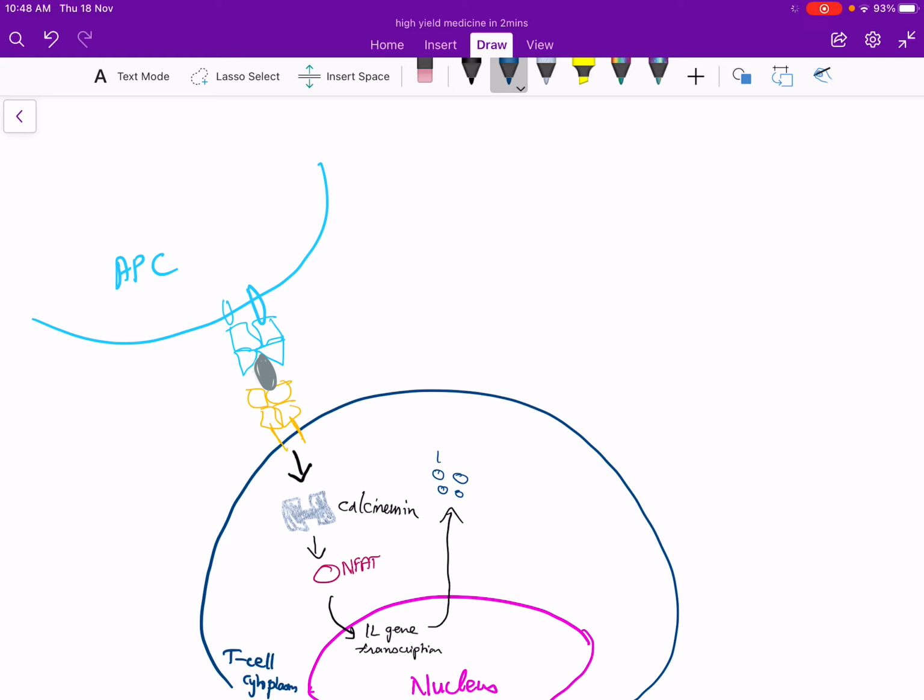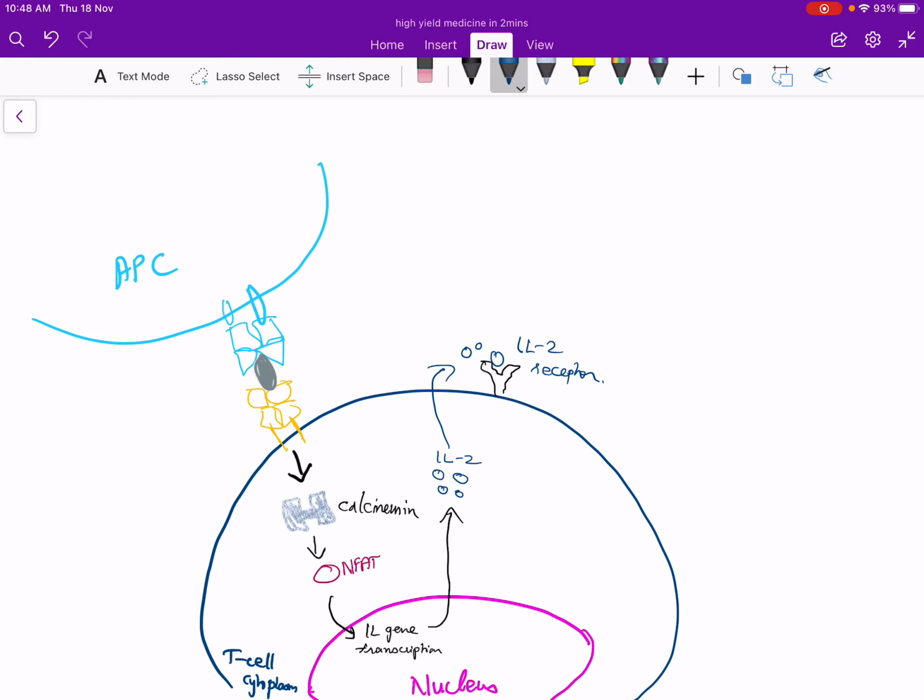These are IL-2 molecules, and they will go out on the same cell or on the adjacent cell. This is the IL-2 receptor. These molecules will bind on the IL-2 receptor.